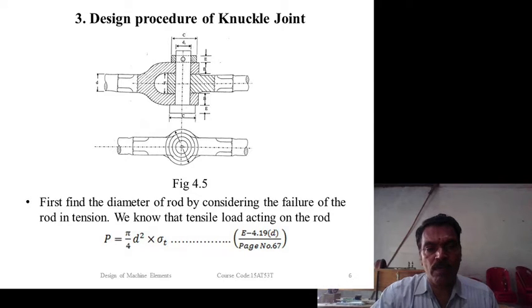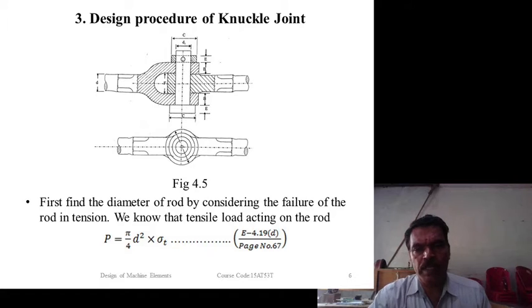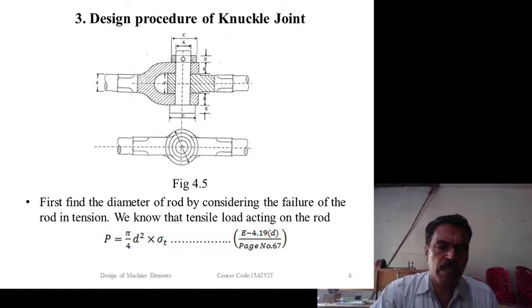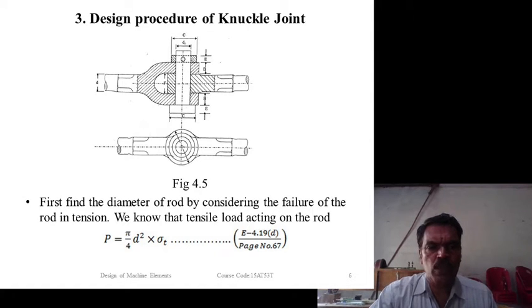This formula is already printed in the DDHB, that is the Design Data Handbook, page number 67, equation number 4.19d. Once again I will repeat it: tensile load P is equal to area into stress, that is P equals pi divided by 4 d square into sigma t.